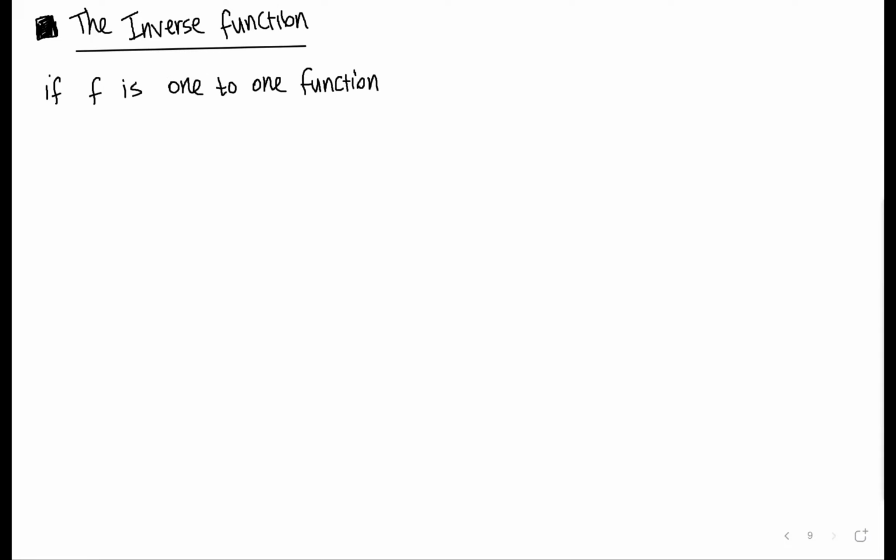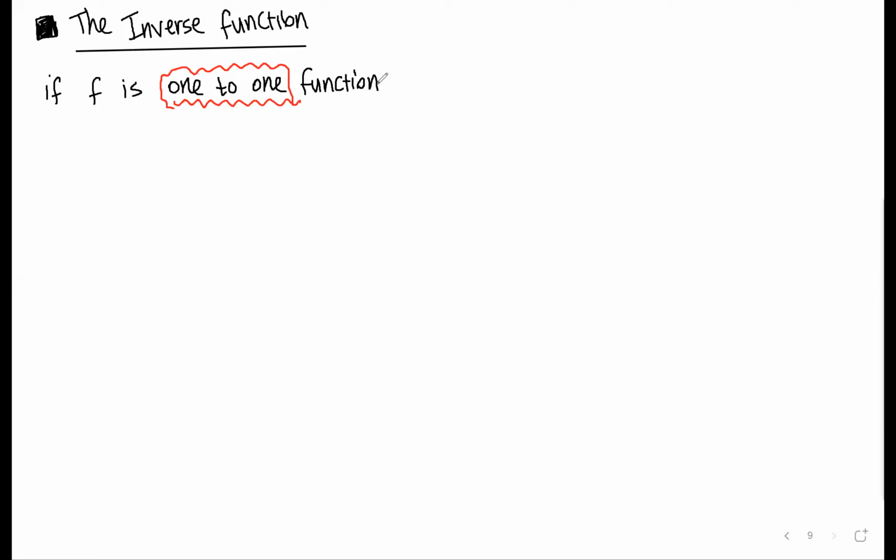So the one-to-one property is very important to find the inverse. The function must be one-to-one to find the inverse. This is one of the questions that we will assign. If it's one-to-one, I can find the inverse for the function.